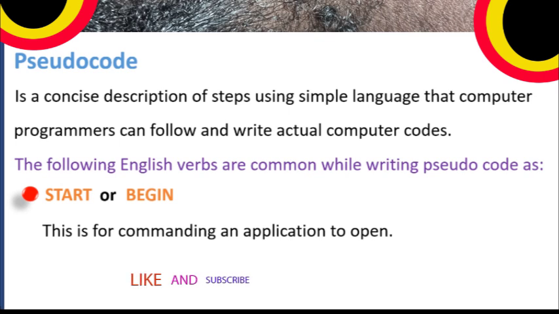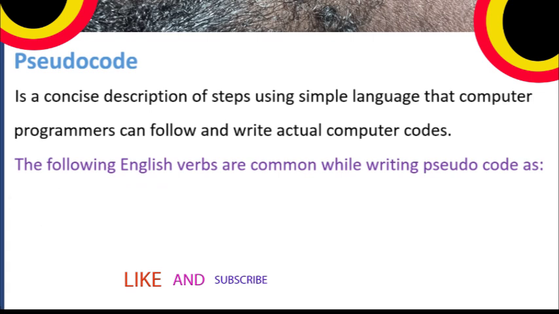Any computer application that we are to write must be in a form that it can start. So that word start or begin is common and first on the line when you are writing a pseudocode, showing that a program has to start or has to begin. So that one can never miss.